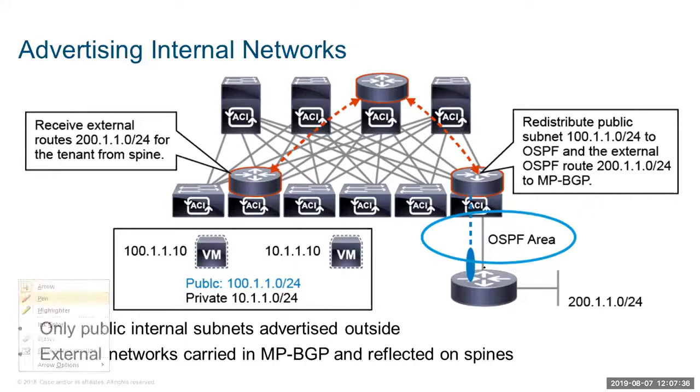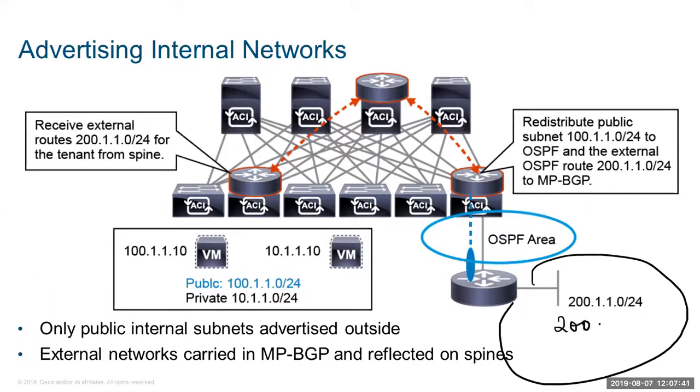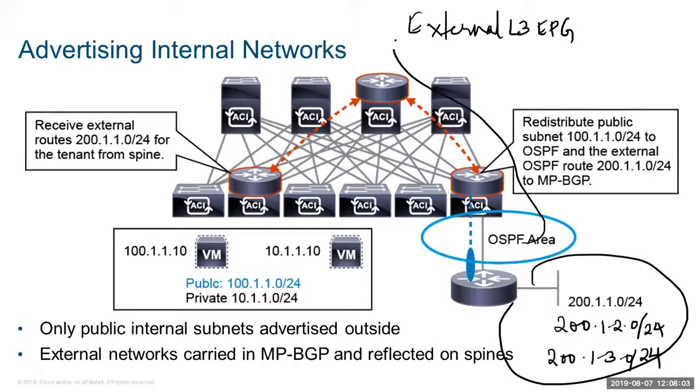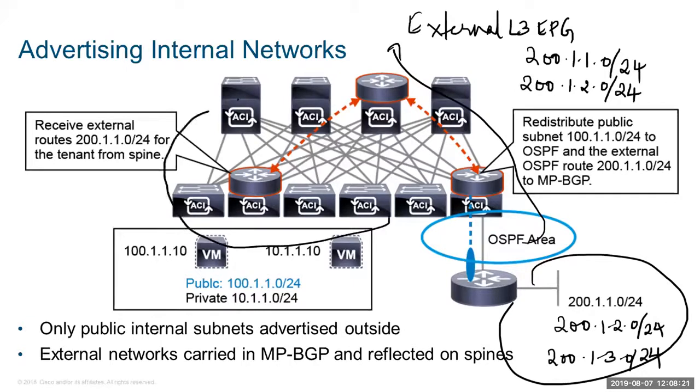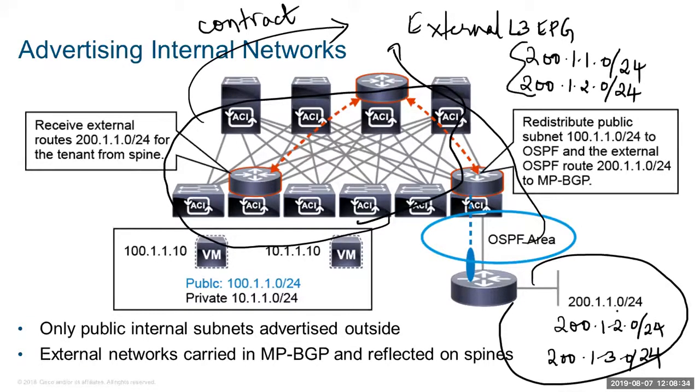So if I do have a network here and another one, and then when I configure the external layer 3 EPG for this particular layer 3 connection, if I specify the subnets as 201.1.0/24 and 201.2.0/24, I'm basically telling that when we establish the contract, you need a contract to communicate, they only can communicate with this, not possible to communicate with this, because I forgot to specify.